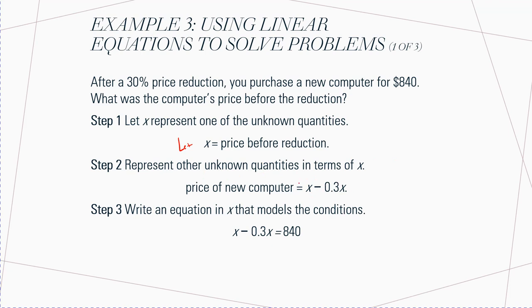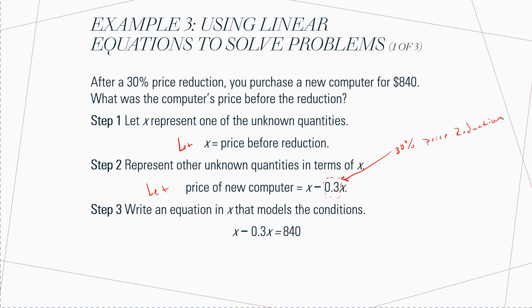You can also think of this as 0.7X if you want. But this is the price of the new computer. It was the original price minus, so what is a 30% price reduction? It's 0.3 times the original price. So this is a 30% price reduction.